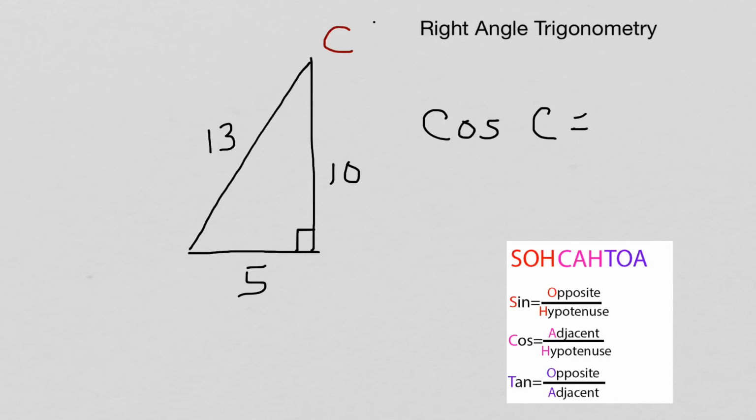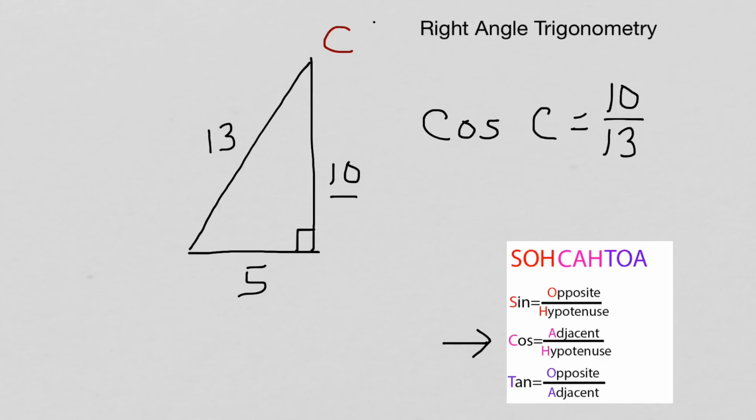One last problem. We're going to do cosine C. For cosine C, we go down here, and we're going to use adjacent over hypotenuse. For cosine C, the angle in the upper right-hand corner, the adjacent is 10 over the hypotenuse, which is 13.